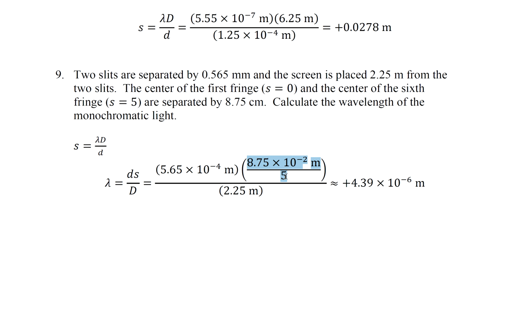Little s is going to be 8.75 times 10 to the minus 2 meters divided by 5. Calculate the wavelength of the monochromatic light. So we know the equation s equals lambda big D over little d. Solve for lambda, and we could find the value.